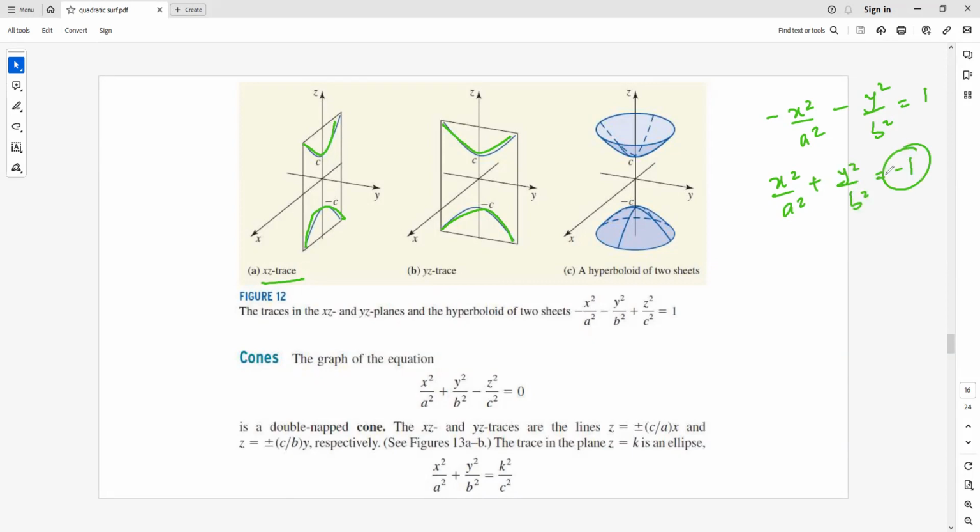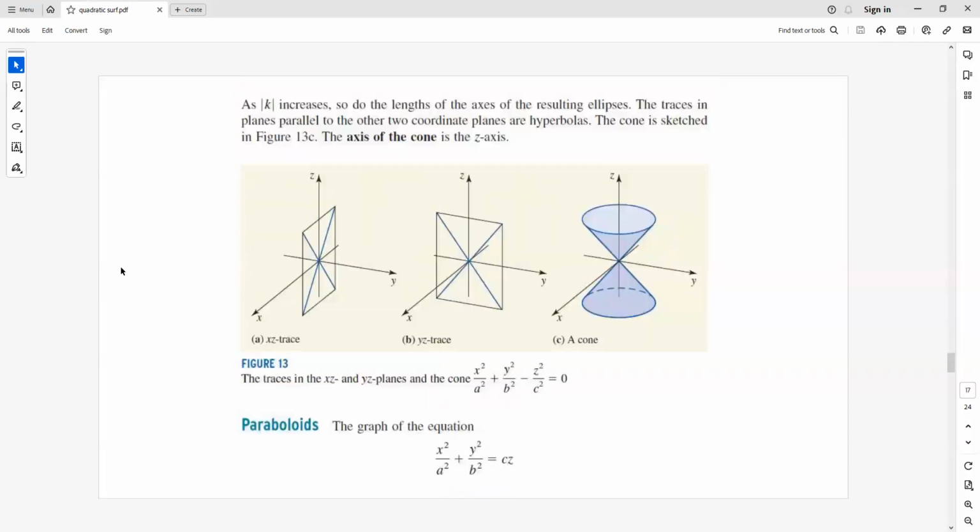This negative sign suggests that these shapes, basically ellipses, not circles, are above and below the origin, not on the origin, because of this -1. In this manner, we can draw this surface.